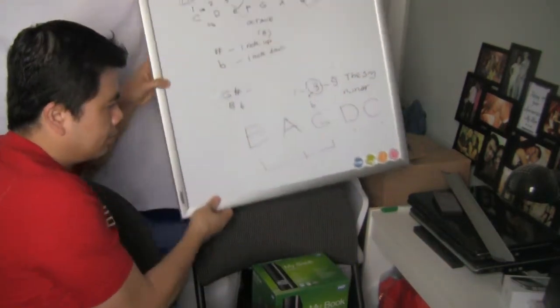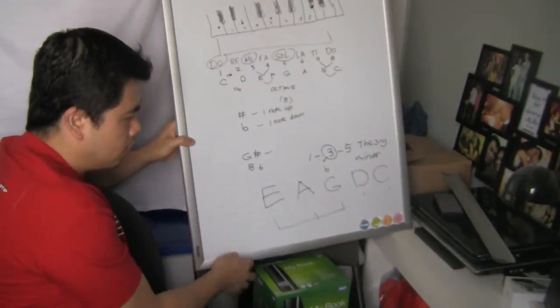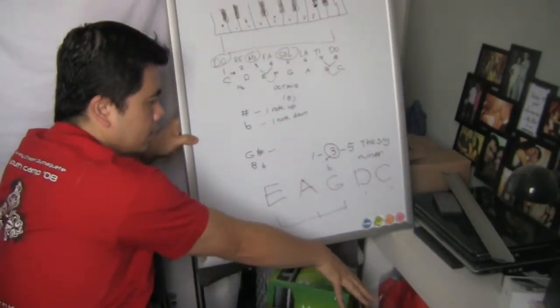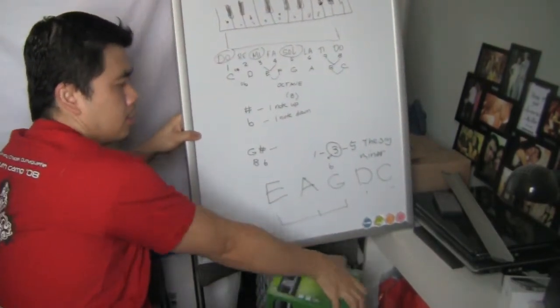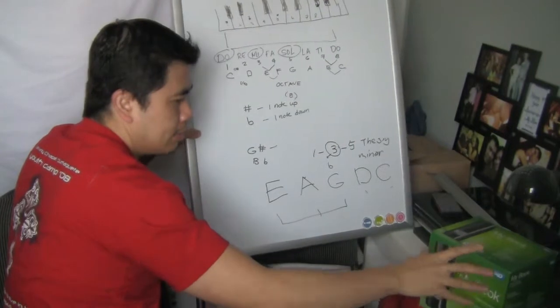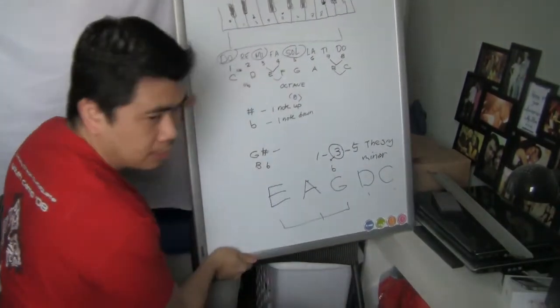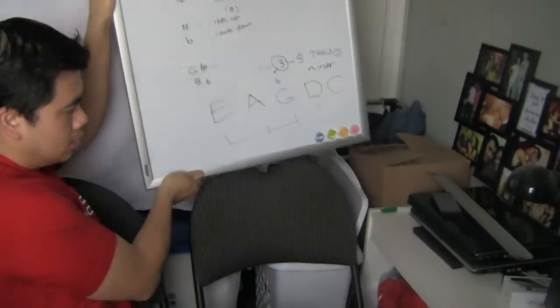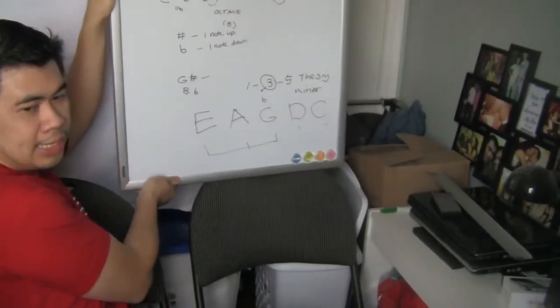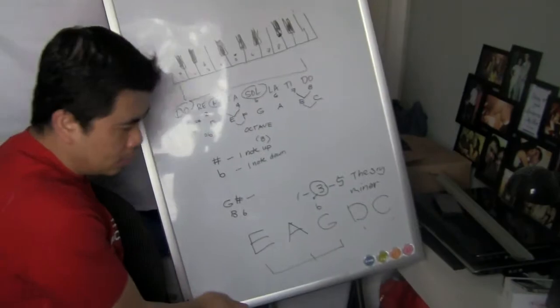So before we move forward, let me go back. So we discussed about the 5 forms of a chord, right? So why did we choose, or why did I say E, A, G, D, C? So we'll start from there.